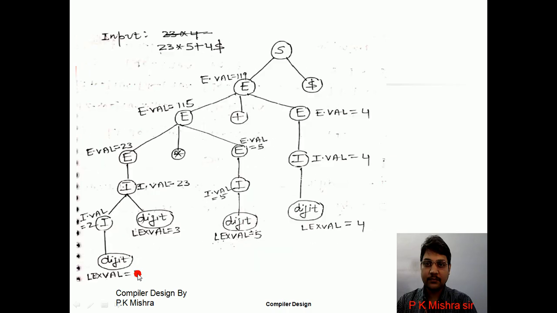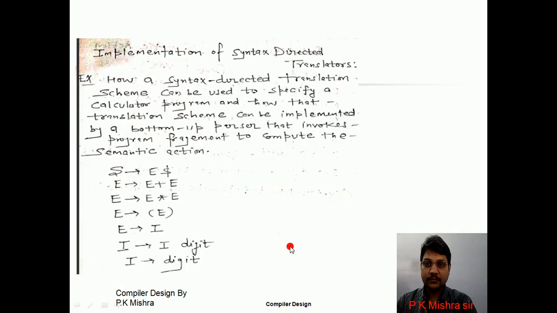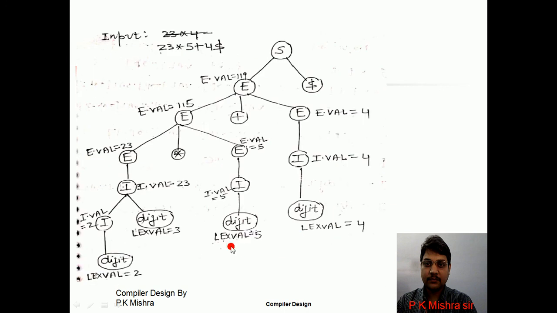The digit is 5. Digit means lex value. So what is the lex value? It is 5. What is I dot value? 5. What is E dot value? 5. So 23 into 5 equal to 115. So what is E dot value? 115.